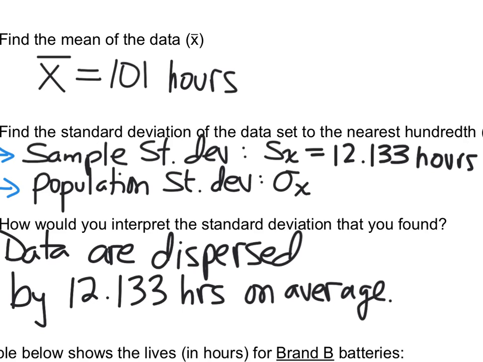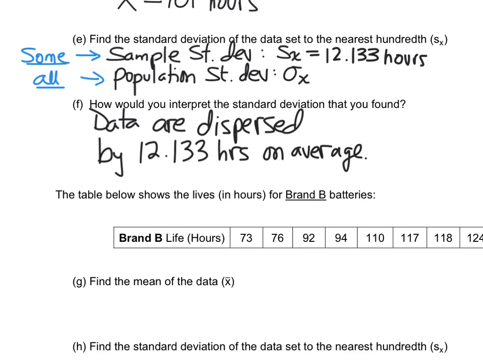So I wouldn't even consider drawing a conclusion about this standard deviation until I found the standard deviation for brand B, and then draw a conclusion of how spread out they are related to one another, right? So if I were drawing a meaningful conclusion, I would say the data are spread out, or fairly spread out. But I would hold judgment on it until I saw what the other data set gave, and then make a determination related to that.